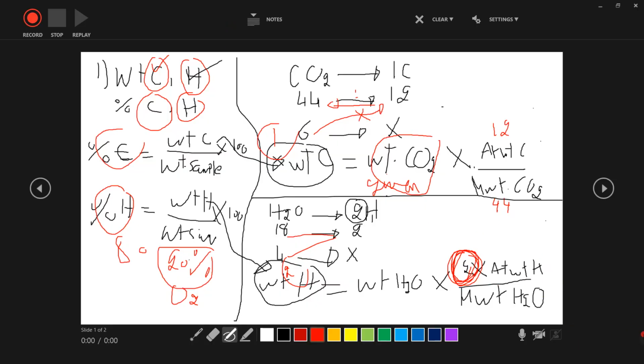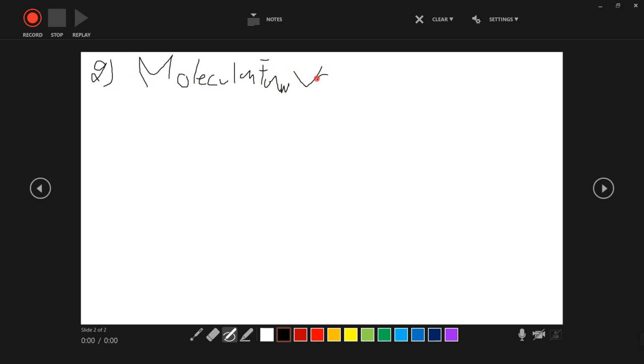Okay, so let's go to our second point. The second part of the section will be a comparison between something called molecular formula versus empirical formula. Very important two terminologies.